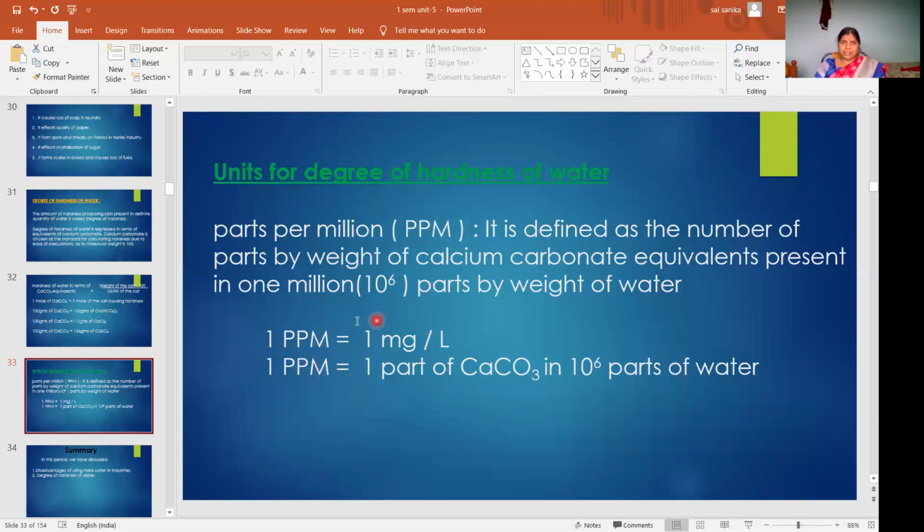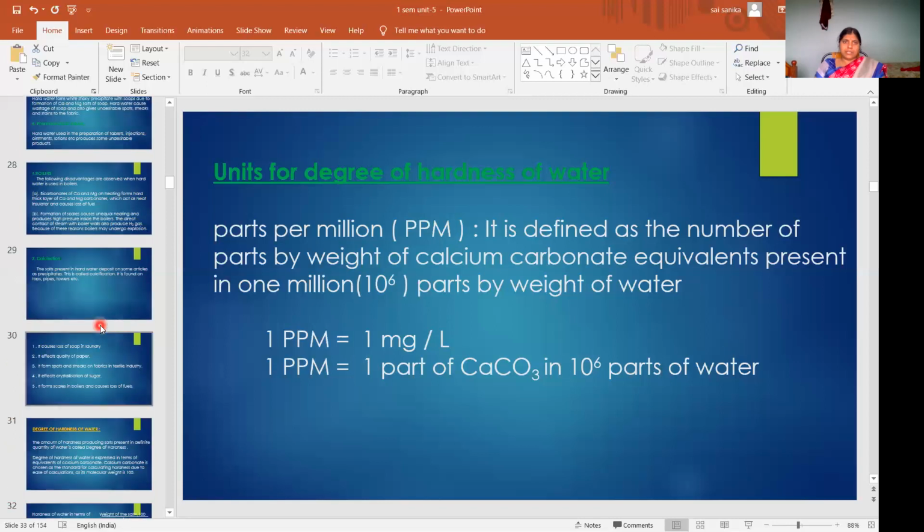But commonly we use these two units, ppm and mg per liter. So all of you understood what is ppm? It is the number of parts by weight of calcium carbonate equivalents present in 1 million parts by weight of water. So 1 ppm is 1 part of CaCO3 in 10 to the power of 6 parts of water. So these are the units for degree of hardness.